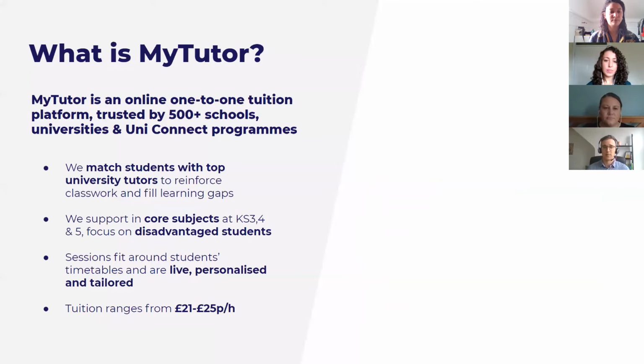Universities work with us as a strand of their outreach and WP efforts, focusing on subject-specific attainment support. Maths, English, and science tend to be the main ones, but we do a few others. The whole point is around building confidence and grades, but also helping to build their aspiration, as all of our tutors are already studying at university. So that's us in a nutshell.